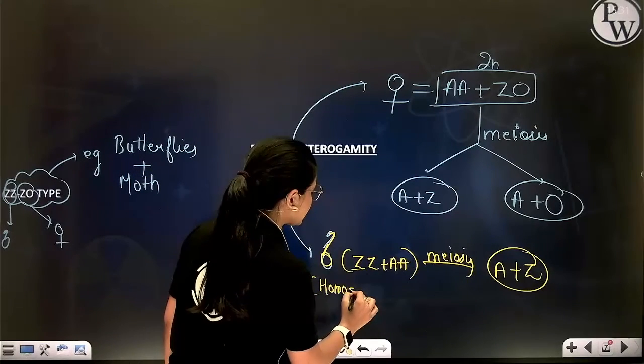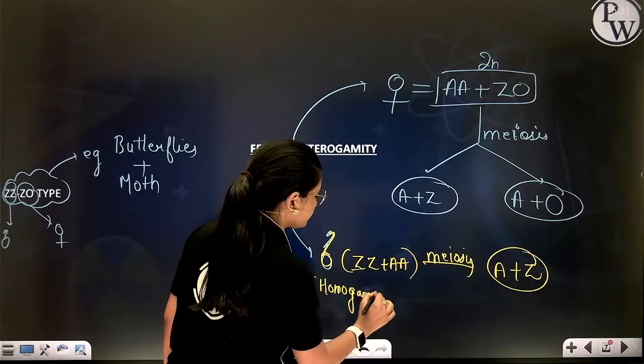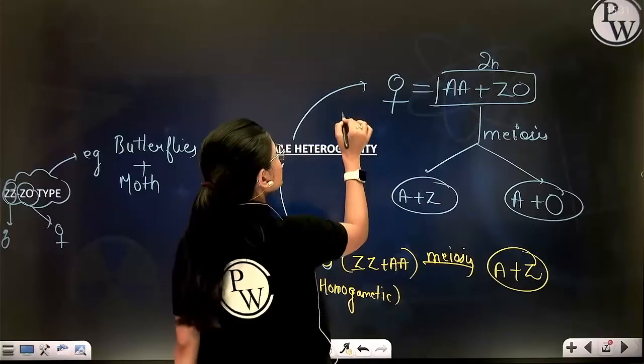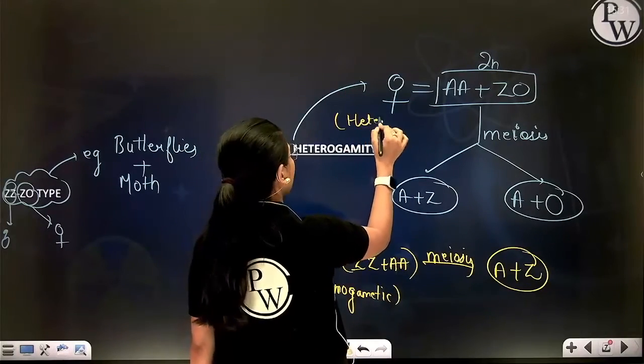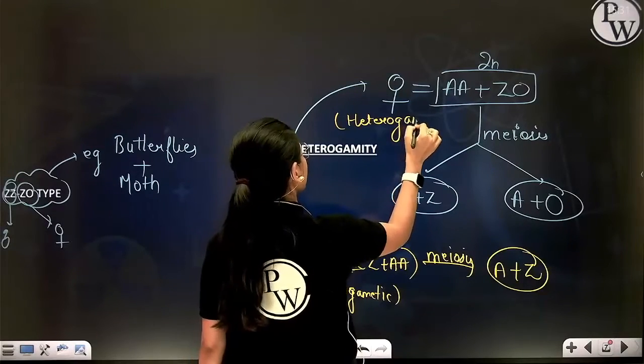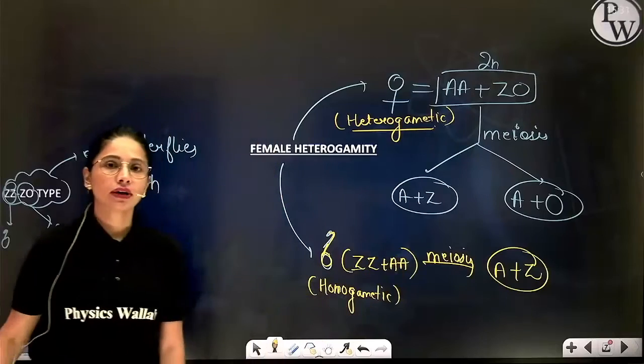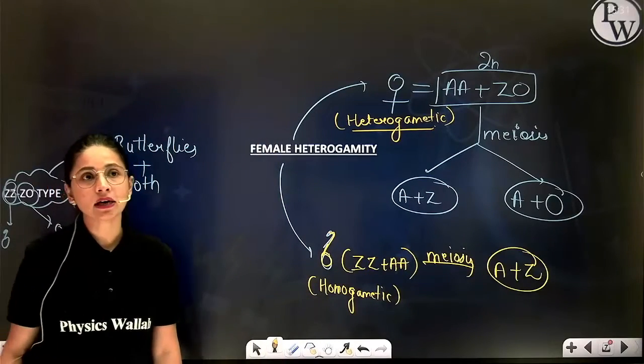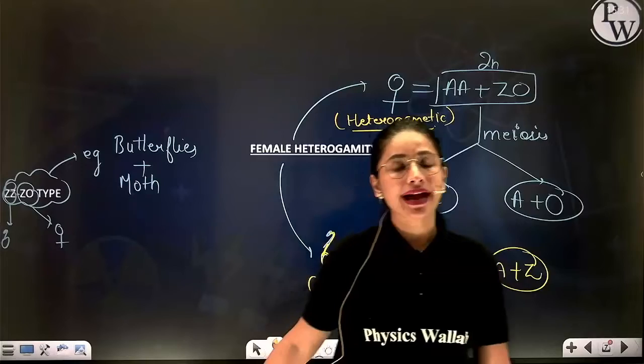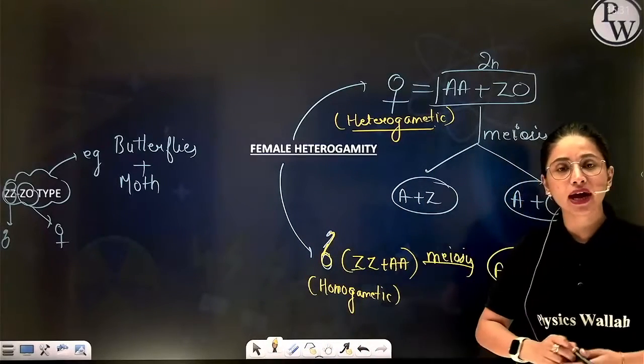Homo means same. But females show the heterogametic condition because they produce two different types of gametes. Clear? That is female heterogamety in moths and butterflies.